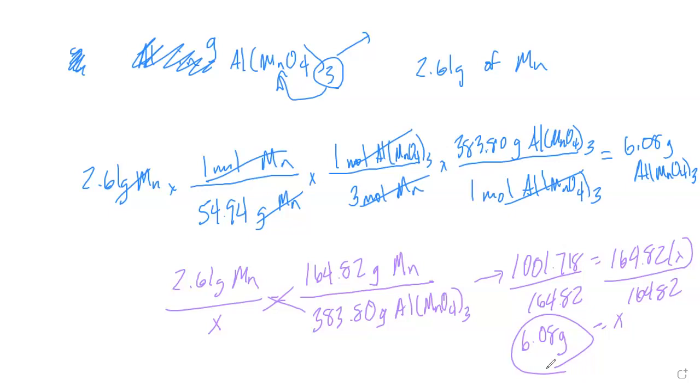Or I could solve it more stoichiometrically with the blue equation there, going step by step through it, like we've been teaching you with dimensional analysis. Both ways work. One way probably works better for some of you than others, and that's just a matter of preference. All right, any questions?